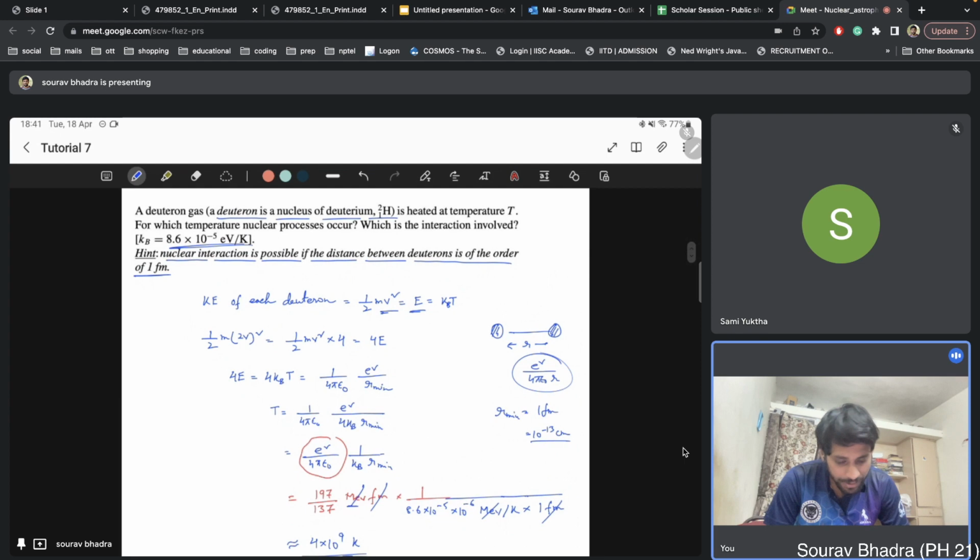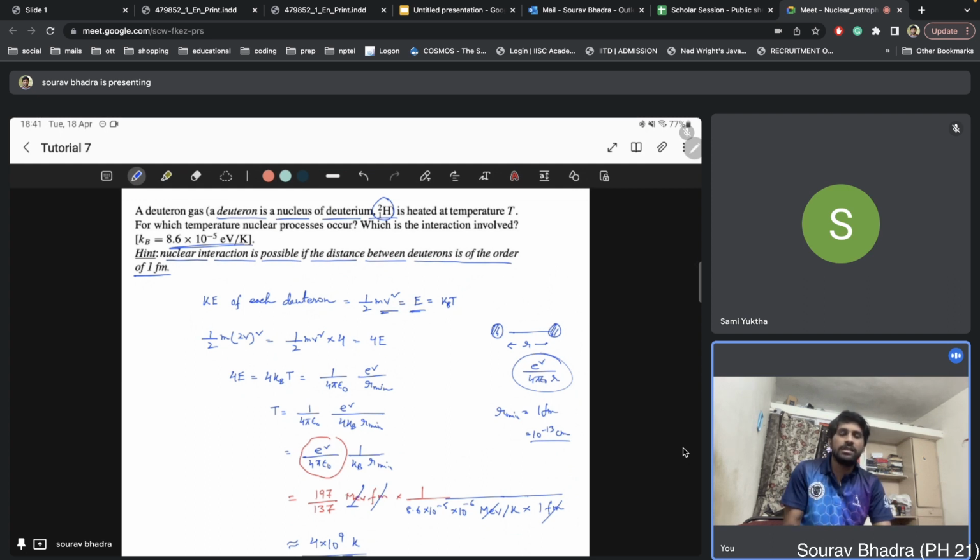Okay, just the change will be in the r minimum, which will be given in your equation, and if there is a particle which has more than one proton, here actually the deuterium has only one proton, that's why we have written it as e square, but if it has more than one proton, then e square will be substituted by Z square. So the Z value, which is the proton number of different nuclei, will come into the picture for different types of calculation.